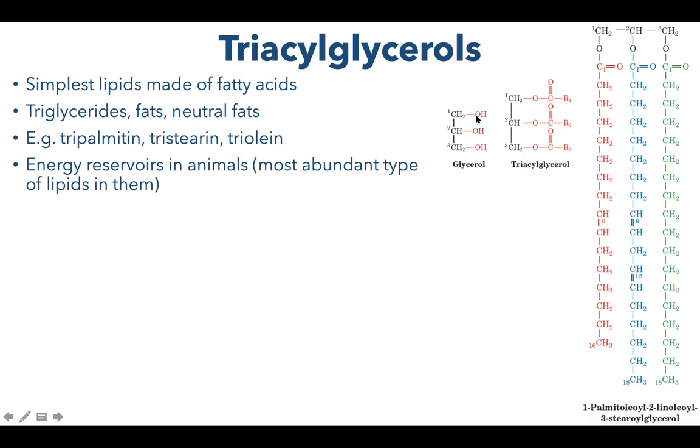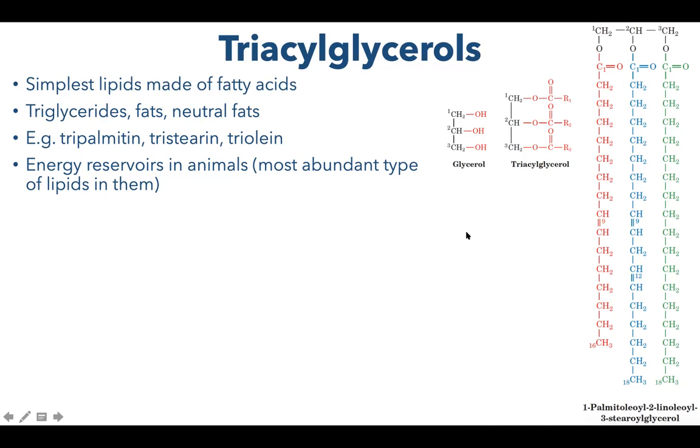Pero, hindi yun common. Ang mas common is magkakaiba yung fatty acids na kumakabit sa glycerol. So this is an example. So you have 1-palmitoyl, 2-linoleoyl, 3-stearoyl glycerol. So this is an example of a triacylglycerol, other names, triglycerides, fats, so ito yung fats, and then neutral fats.